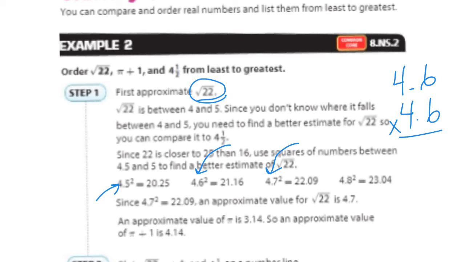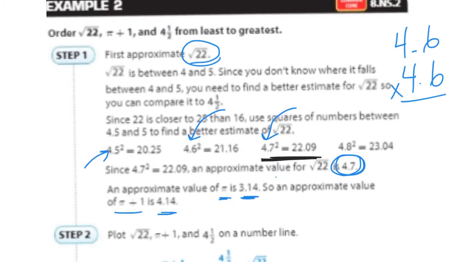Now, looking at these answers, 4 and 7/10 squared is closest to 22. It's only over by 9/100ths, whereas 4 and 6/10, that's much too low. So you want to approximate the square root of 22 as 4 and 7/10. Remember the value of pi they want you to use, 3 and 14/100ths. So pi plus 1 is simply 4 and 14/100ths.